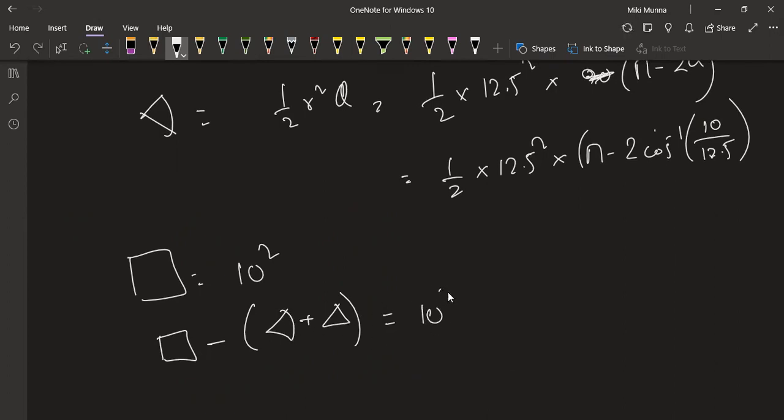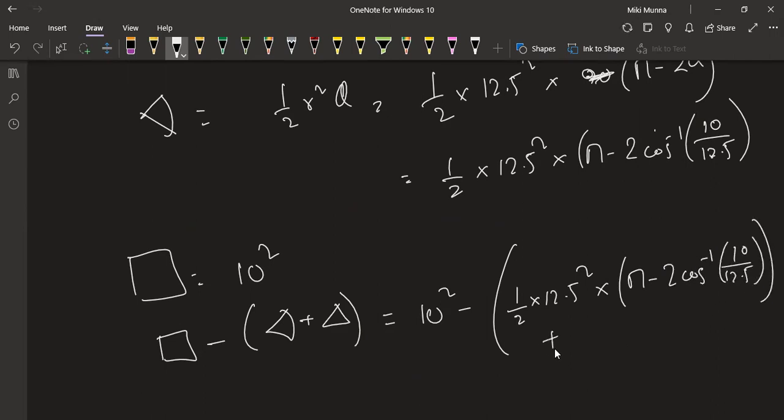So 10 square minus the sum of the sector area and the triangular area, which is half into AB, in this case 12.5 into 10 into sine of cos inverse of 10 over 12.5.